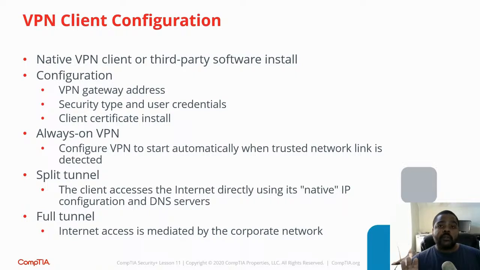Now we have several types of VPN configurations that we can actually do, but from what my experience has seen, and I think that you guys are probably seeing on a regular basis too, is that you're probably going to see a VPN agent somewhere on your PC, and you're going to have to log into that to actually talk back to a VPN concentrator somewhere.